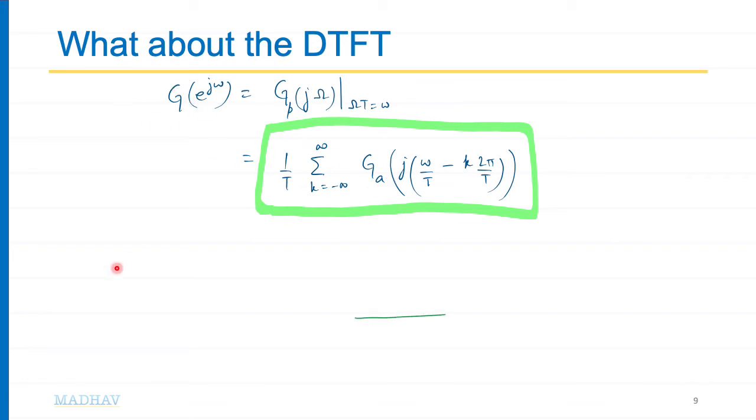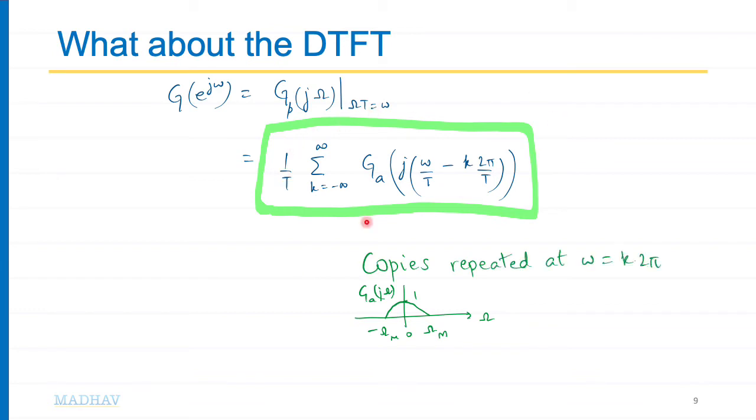And let's look geometrically at what it means. So let's say this is my GA j omega. This is the analog signal Fourier transform, continuous time Fourier transform. And what happens in this formula is it is just copies repeated at omega equal to k times 2 pi, right? When omega is k times 2 pi, then this same pattern repeats.